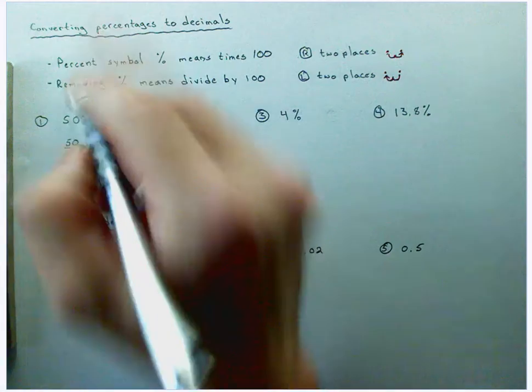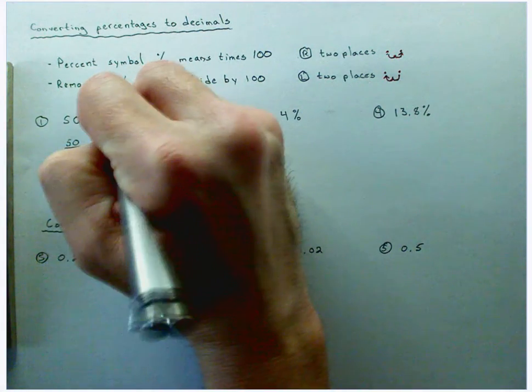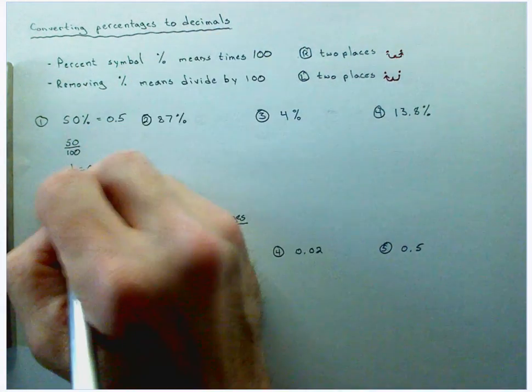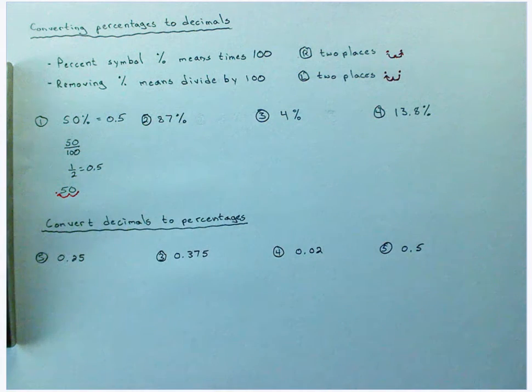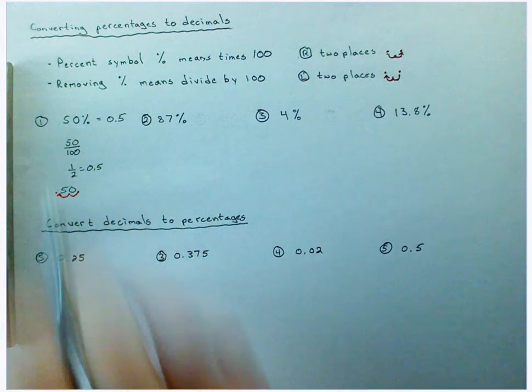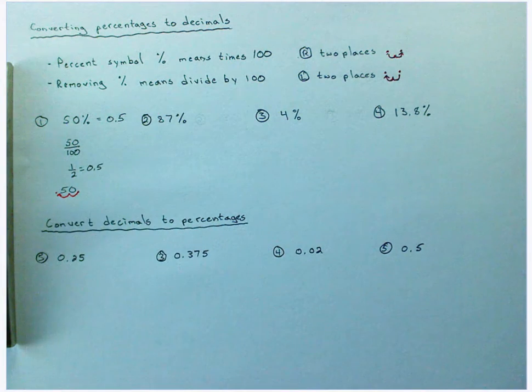So 50% is equivalent to 0.5, which we even saw is 1/2. This should be one of them that clicks with you. 50% of something is half of something. And how do we say half as a decimal? 0.5. Always pick easy examples to make sure you get your bearings about the problem you're doing.